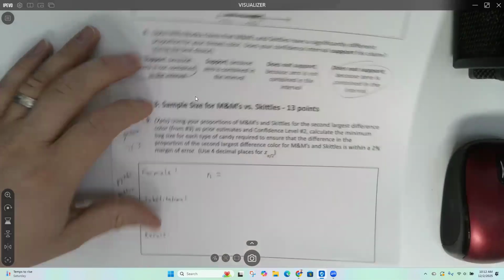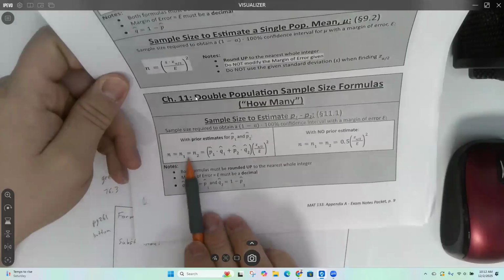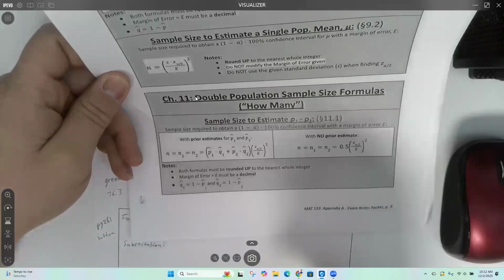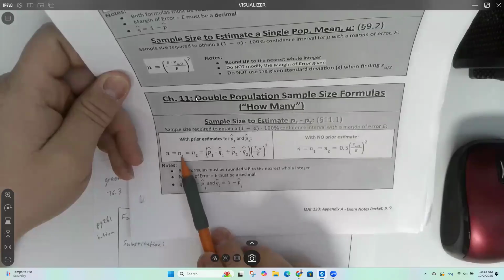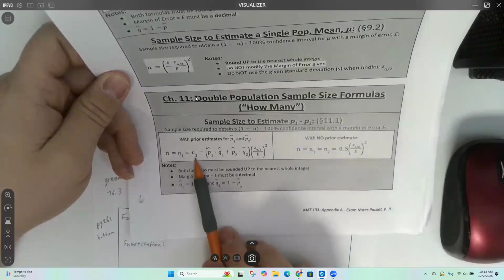Now, they have a bunch of things here: n equals n1 equals n2 equals the thing. All that means is when you go back and redo your sample, you're going to use whatever result you get here for how many M&Ms you need and how many Skittles you need. It's going to be the same value.